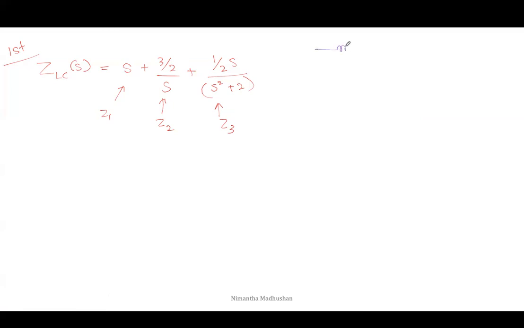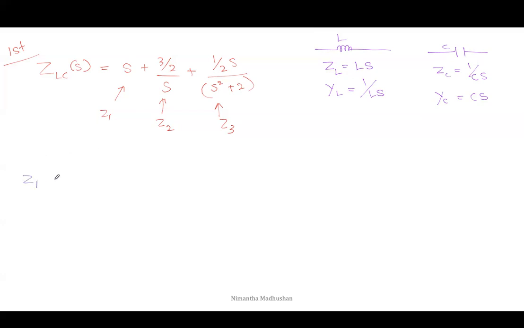If we consider an inductor with value L, the impedance of an inductor is Ls, and the admittance of an inductor is 1 over Ls. If we consider a capacitor, the impedance of a capacitor is 1 over Cs and the admittance of a capacitor is Cs. We can use these terms to obtain the final circuit.